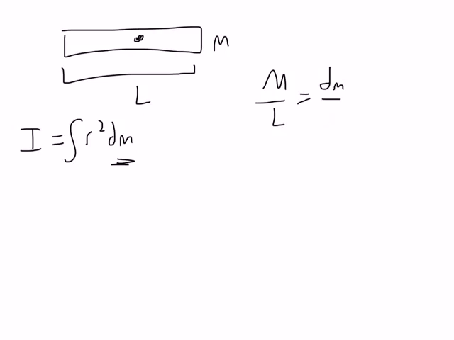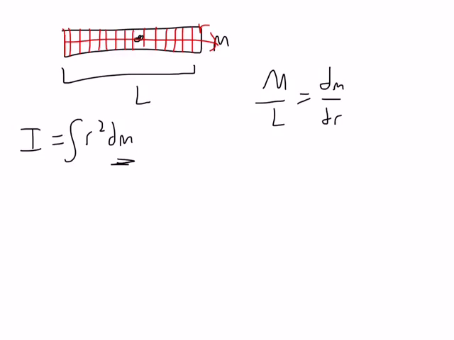Actually, that should not be dl, it should be dr. If I draw on the original rod, this axis is the r direction, and this just means we're breaking up this rod into lots and lots of these little chunks in the length r.